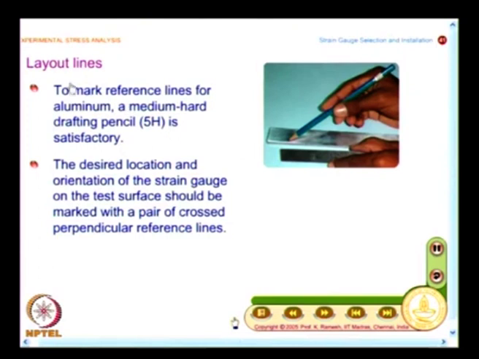So, the idea of putting the layout lines is to mark the desired location and orientation of the strain gauge to be pasted. A strain gauge comes with a carrier which has marks. These marks have to be aligned at the point of interest. For you to align the strain gauge, you need to have layout lines.